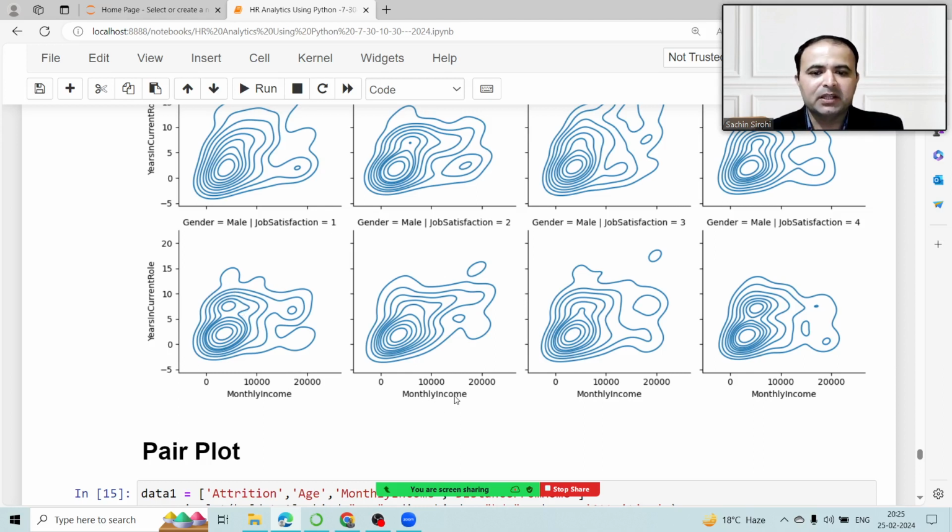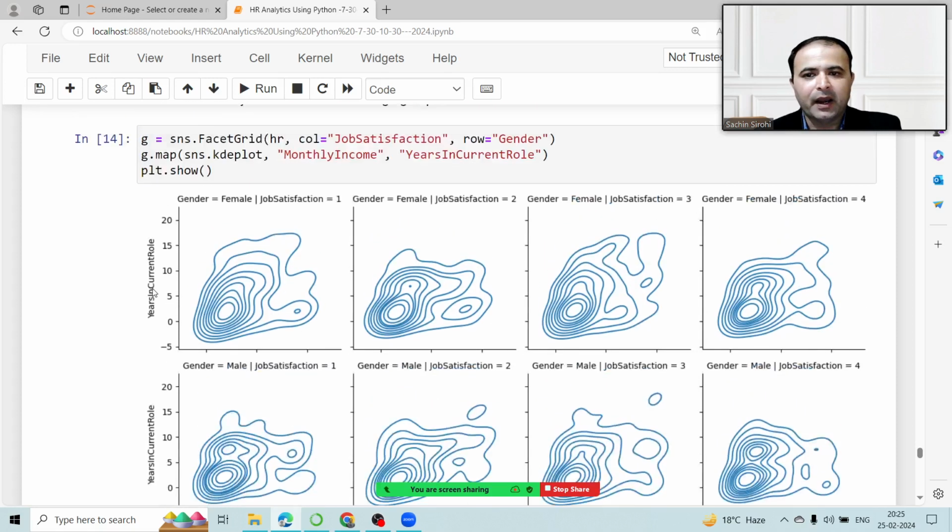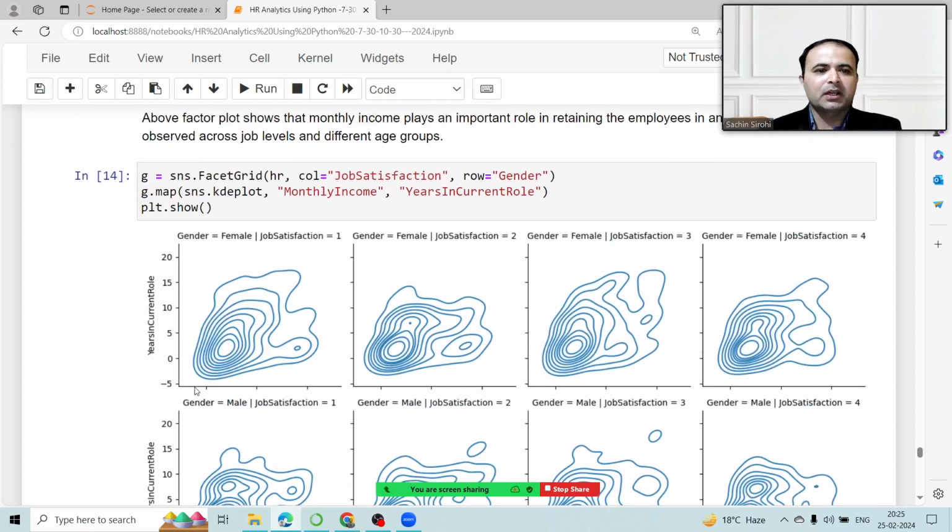So when the monthly income and years in the current role, like the current role in a particular project in a particular company, if the years in the current role is high, is the job satisfaction high or not? So you can say that the job satisfaction ratio is like 3 in this area.